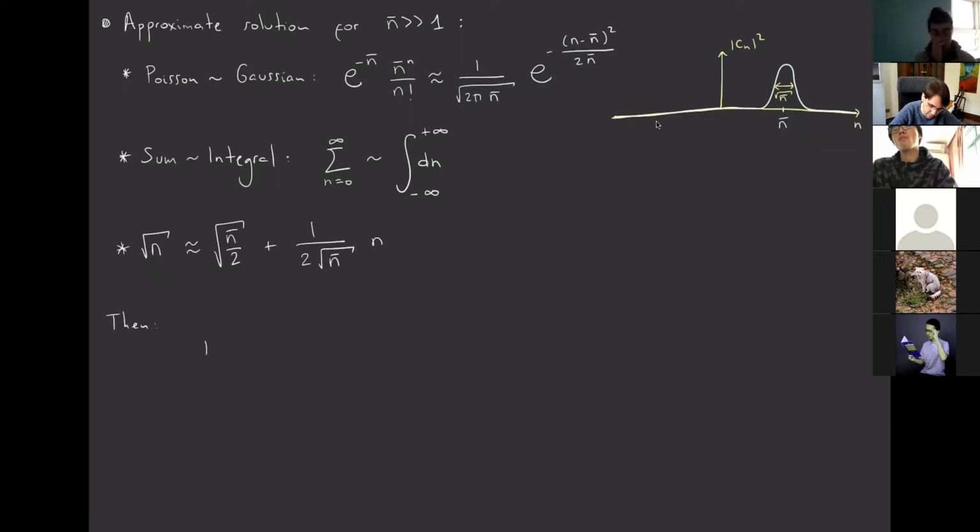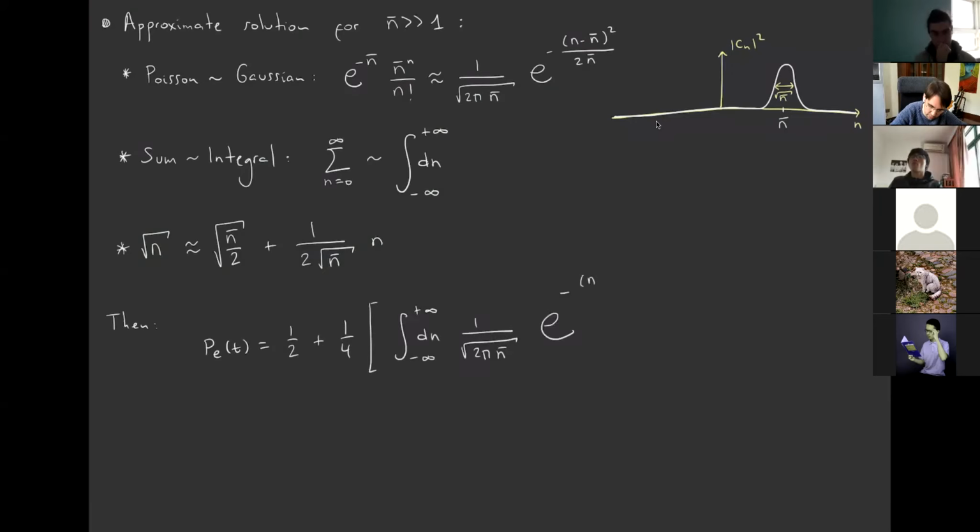Then if we do all these approximations, we obtain a form of the probability of the excited state, which is just 1/2 plus 1/4 the integration from -infinity to +infinity over n, the normalization factor of the Gaussian, and then the exponential.